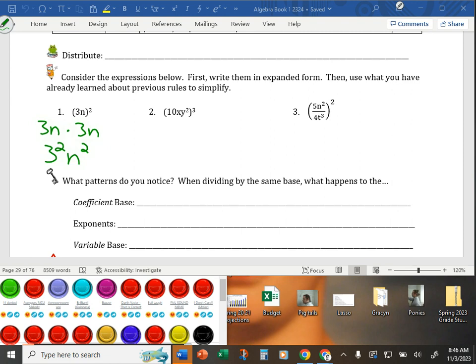It got rid of the parentheses, right? Back with equations, if it was 3 times n plus 7, and we distributed the 3 to get 3n plus 21, there are no more parentheses, and we could go on with the solving. Okay? The same thing happens here. To distribute means to get rid of the parentheses.